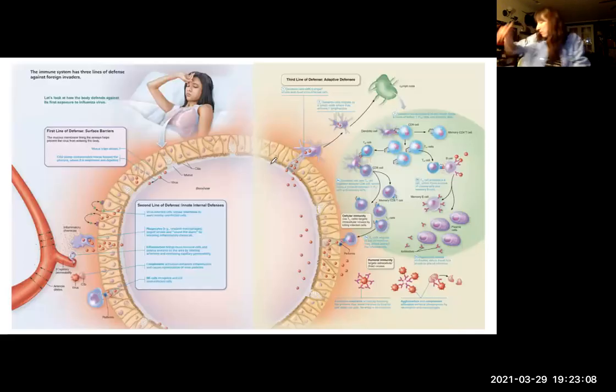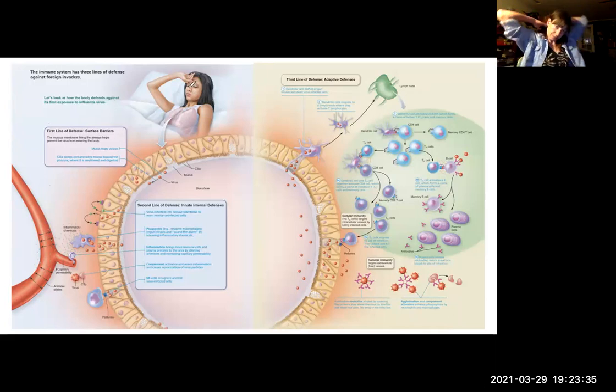This is a beautiful illustration found on pages 808 and 809 in your text. It basically shows the entire immune system. So you've got your first line of defense. Say you've got the flu, an influenza virus. It got past you.